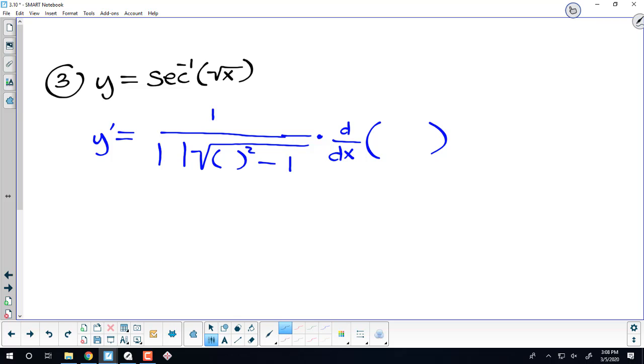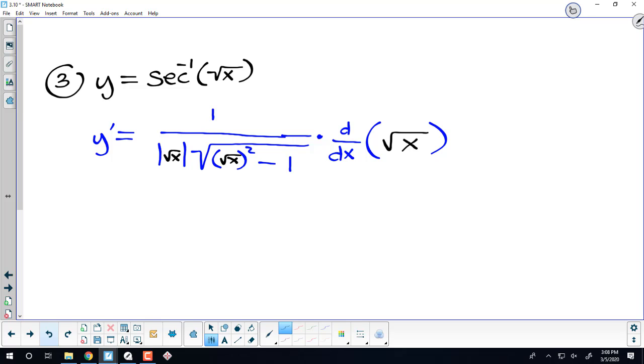Here, that thing is the square root of x. So 1 over the absolute value of the argument times the square root of the argument squared minus 1, times the derivative of the argument.